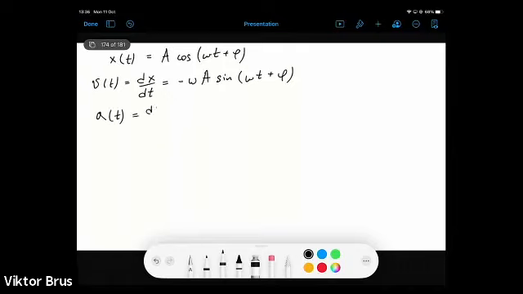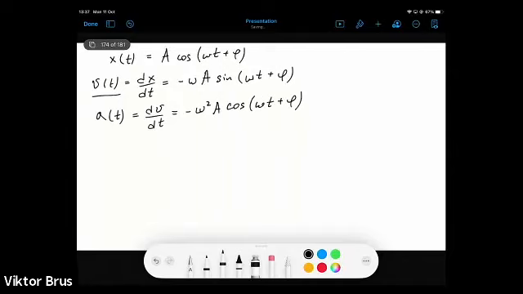That will be the first derivative of velocity over time, which means that we take the derivative of the expression for the velocity. So this minus will stay here. We will get one more omega because we still have this omega t in the argument of sine. That will be omega squared times A, and this will be cosine of omega t plus phi.